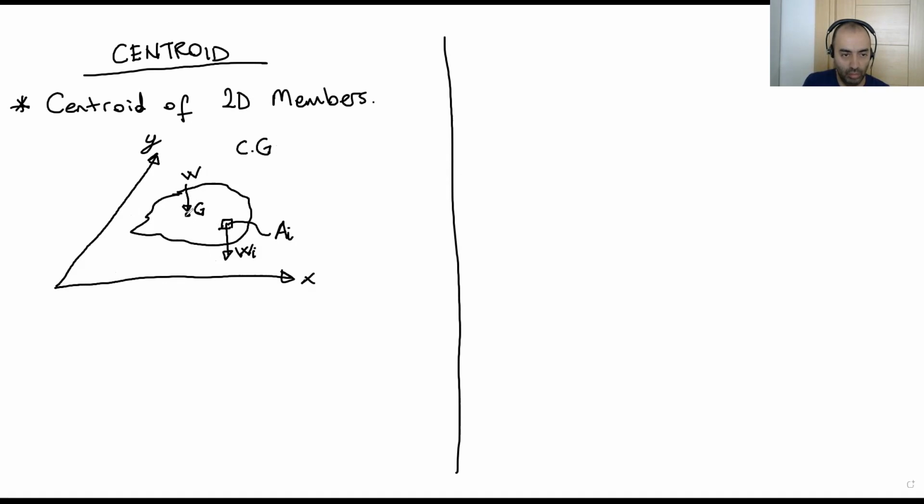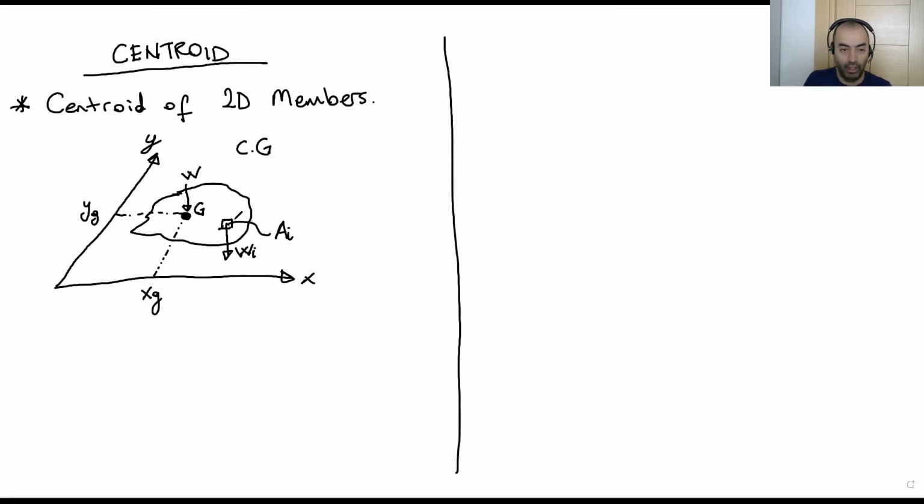So in this coordinate system, it has coordinates like XG on the x-axis or YG on the y-axis. So yes, we know all the weight will act on the CG point or G point. That's okay. But where is this point? We are looking for this point today. Where is this point on this arbitrary shape?